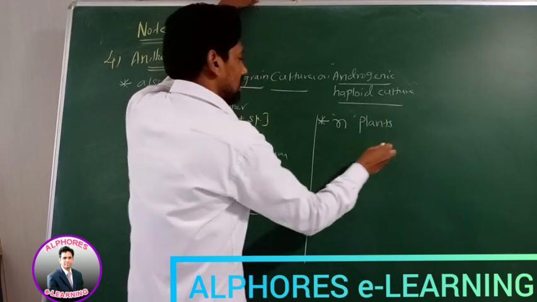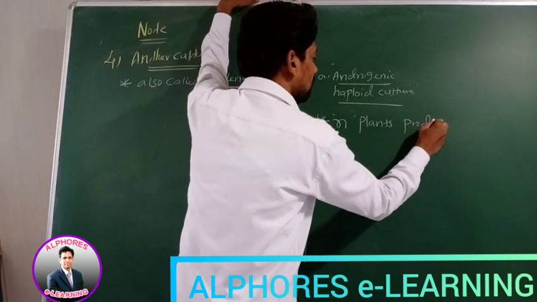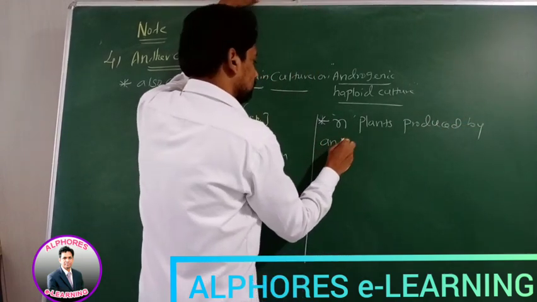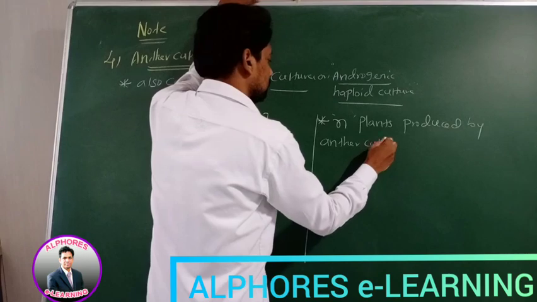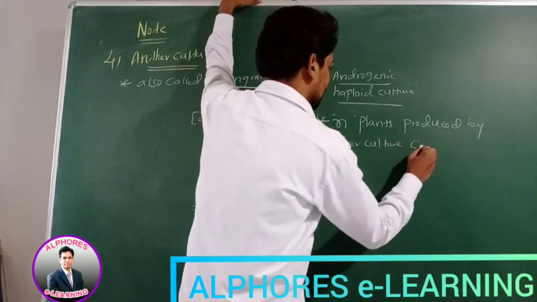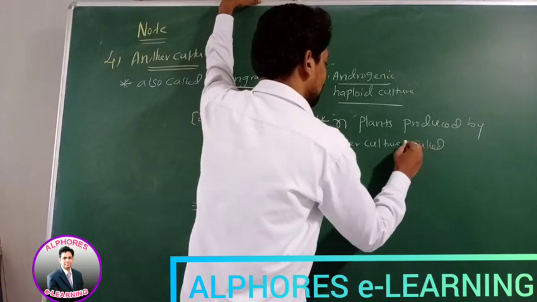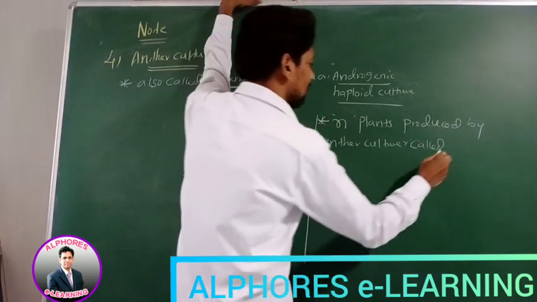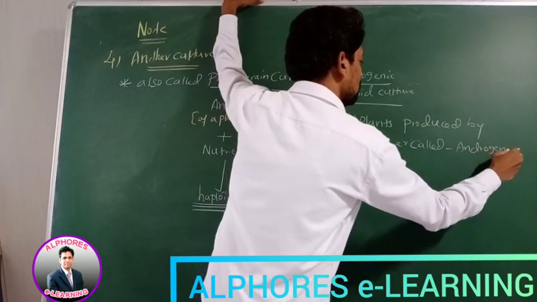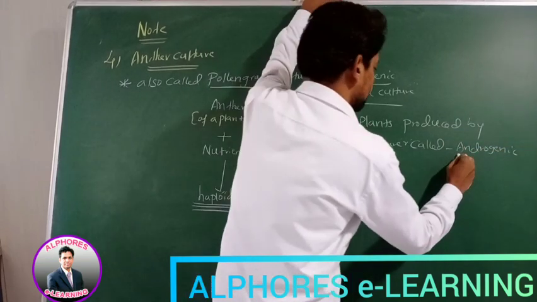Haploid plants produced by anther culture are called androgenic haploid plants.